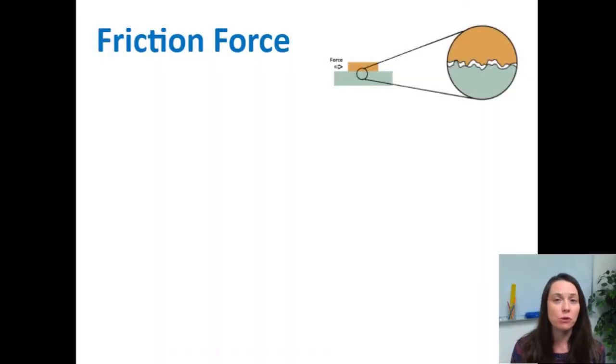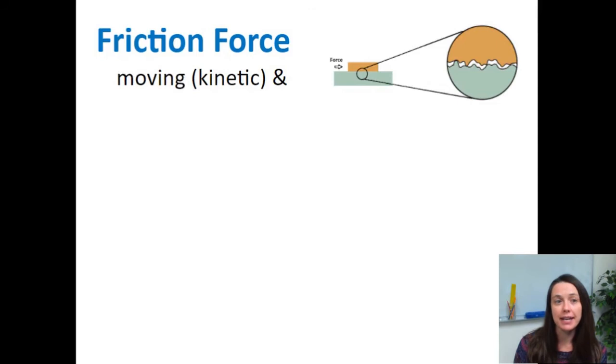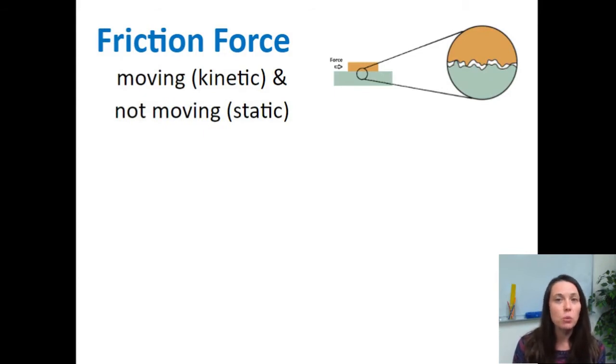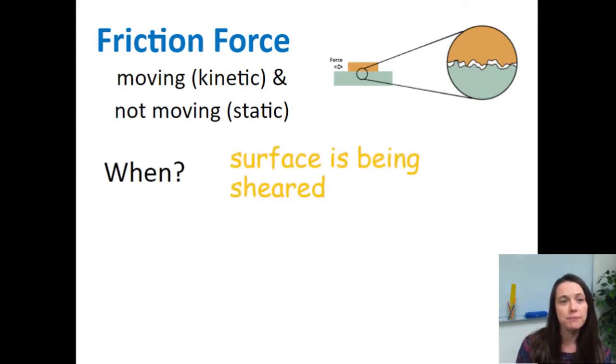The third type of force we will consider today is the frictional force. This is the resistive force of one object rubbing against another. There are two forms of friction, moving or kinetic friction, and not moving or static friction. We'll consider those both more in depth in a few days. When do we see friction occurring?